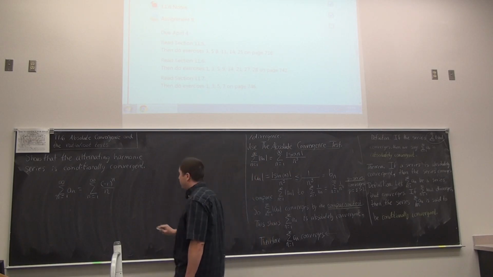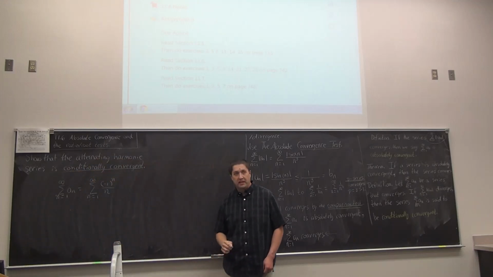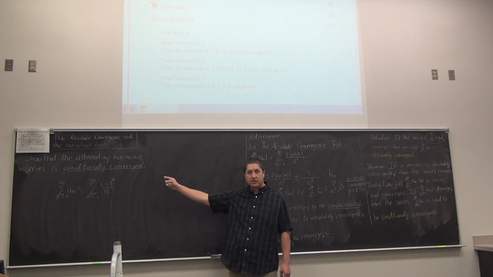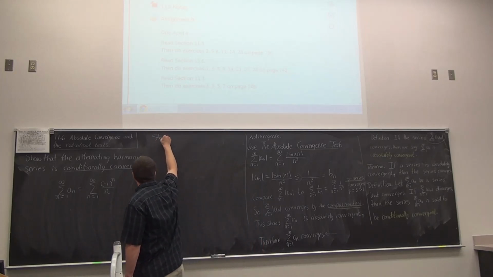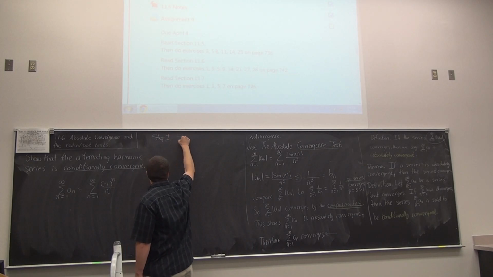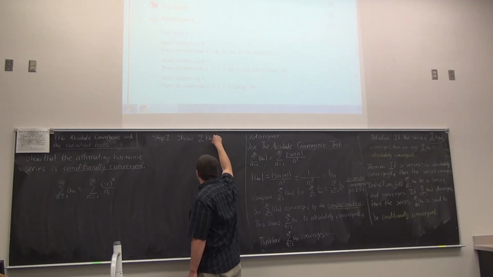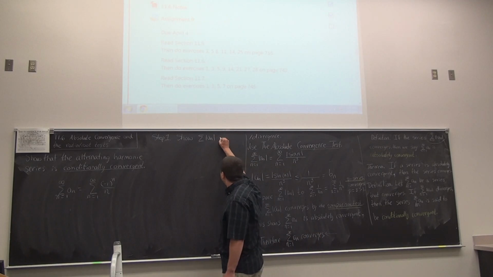So for this set of instructions, if you're told to show something is conditionally convergent, and that could be an exam problem, I'd actually give you this series if it were an exam problem, there's a sequence of steps that we have to take. And step 1 could be to show this thing, the series whose nth term has the absolute value applied to it, is divergent.